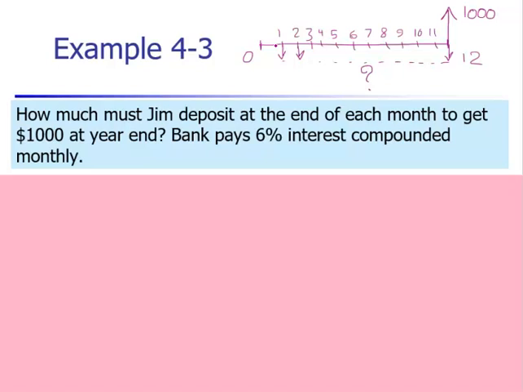Another point that we have is this 6% interest compounded monthly. When it says it's compounded monthly, it means that it is the nominal annual return. So the interest rate here would be 0.5% per month.